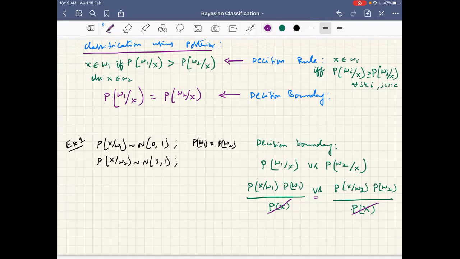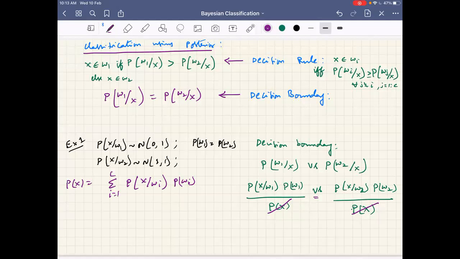As we have seen in the expansion in the last class, p of x is equal to the summation over i equal to 1 to C classes, if we have C classes, otherwise 2 classes, of p of x given omega i into p of omega i. So this is a constant term at a given x, and p of x is the same in both cases. So this doesn't come into the comparison.